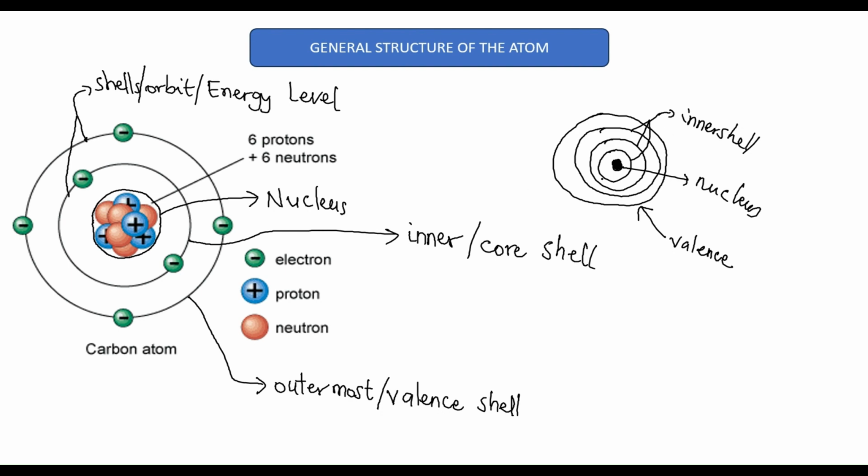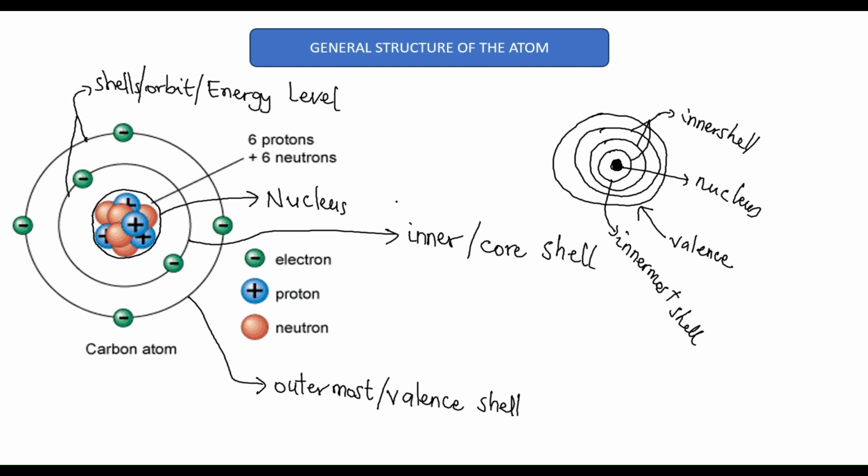Now, the very one that is closest to the nucleus, we usually call it the innermost shell. The innermost shell is the smallest, first shell within the atom. The outermost shell is the largest, last, valence shell. The term that we use mostly is valence shell.